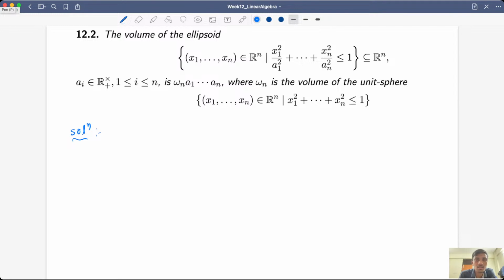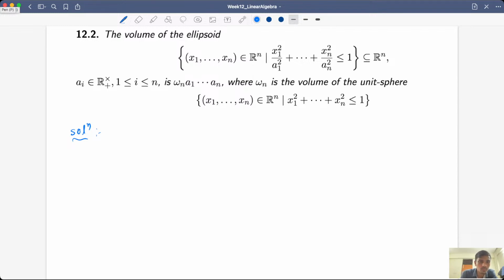I can just scale every coordinate by 1 by ai, as all the ai are non-zero, so I can scale each of these x1, x2, xn coordinates by 1 by a1, 1 by a2, 1 by an.